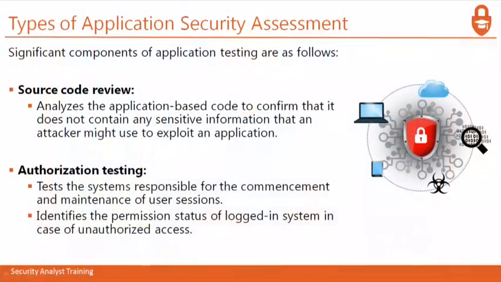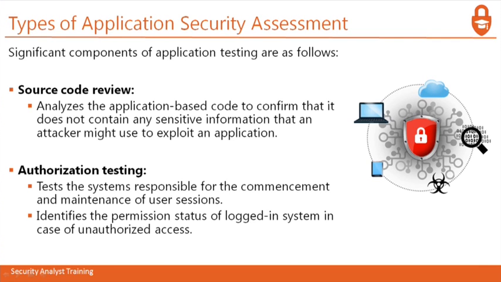All right, so next let me introduce you to some of the more important components of application testing. First I want to go over the source code review process. We've all heard about it. Let me talk a little bit more and teach you what exactly a source code review process is and what you need to know from a penetration tester standpoint.